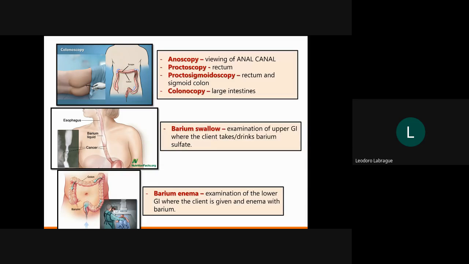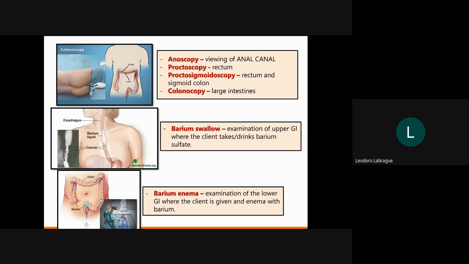Normally the tip of this instrument has a small camera. Once it is inserted into the gastrointestinal tract, the doctor can actually see on the screen the structure of the intestines or the structure of the GI tract. And the doctor will know exactly what is causing the disease. These are visualization procedures.